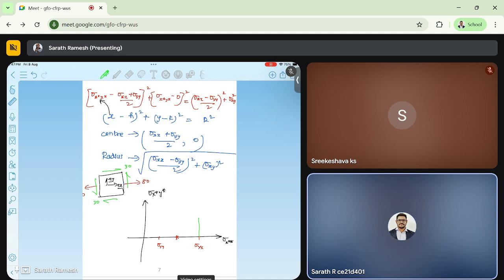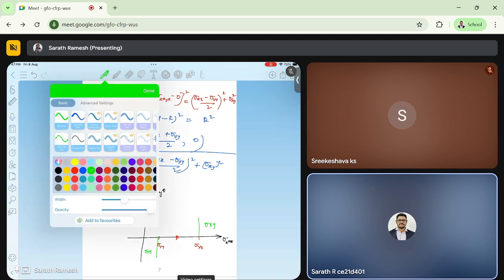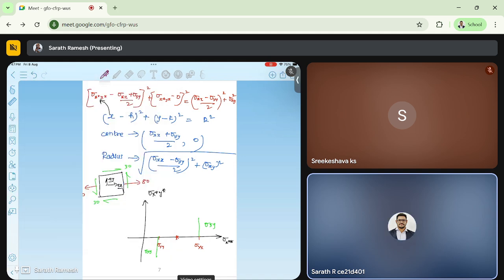Here is sigma xy, and we have to join this. Now we got the diameter, right?